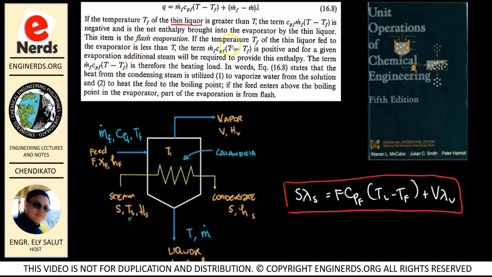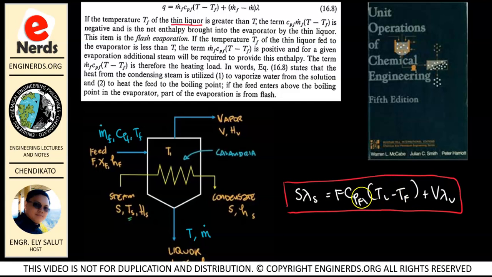But, if the temperature TF or the temperature of the thin liquor fed to the evaporator is less than T, yung temperature ng ating liquor or itong temperature ng ating evaporator, the term in MF, T minus TF is positive. Okay, dahil mas mataas yung ating TL kaysa sa ating TF, so TL minus TF will be positive.